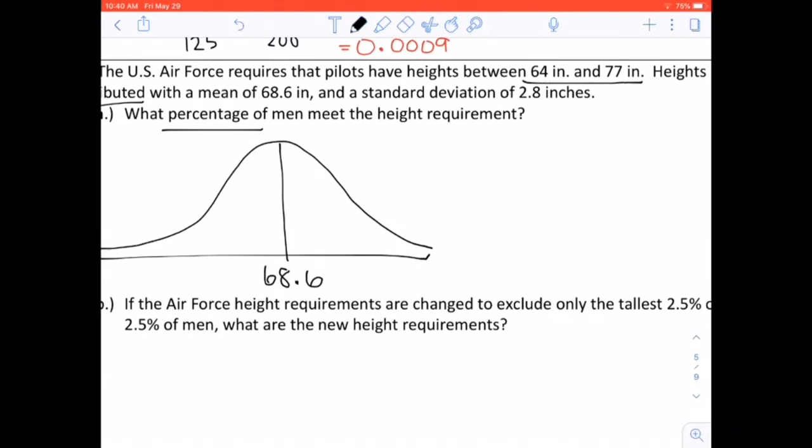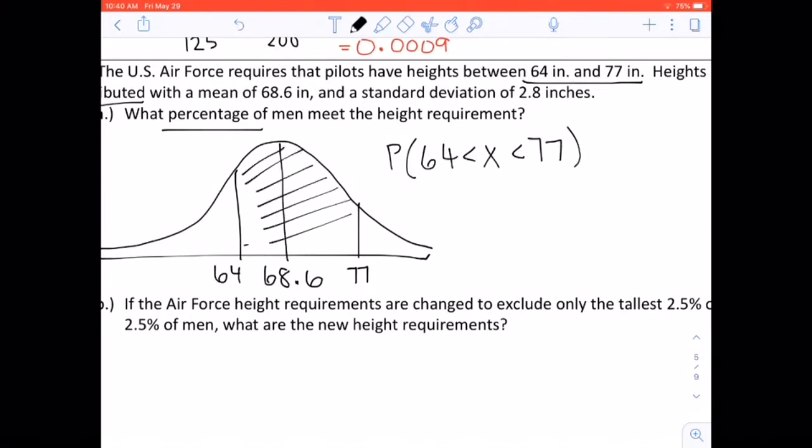So putting on 64 and 77 inches. So the probability that this man is between 64 and 77 inches, and between, again, is going to be between those two values that we have, we're going to use our calculator for this.